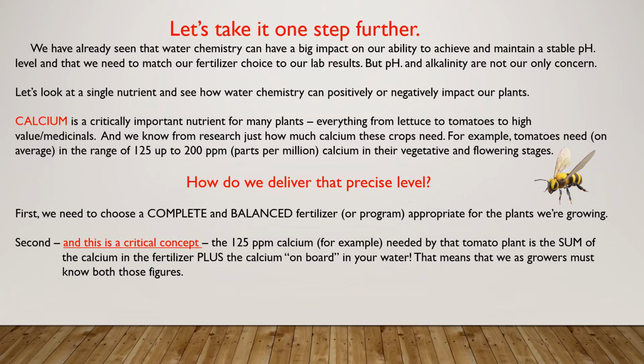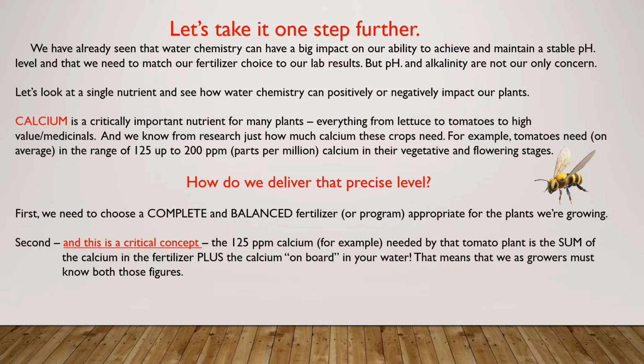If we don't understand that if our fertilizer is going to deliver 100, 150 parts per million of calcium, and there's already 100 parts per million of calcium in the water, we have to understand that this added level of calcium might be too much for our particular plants.